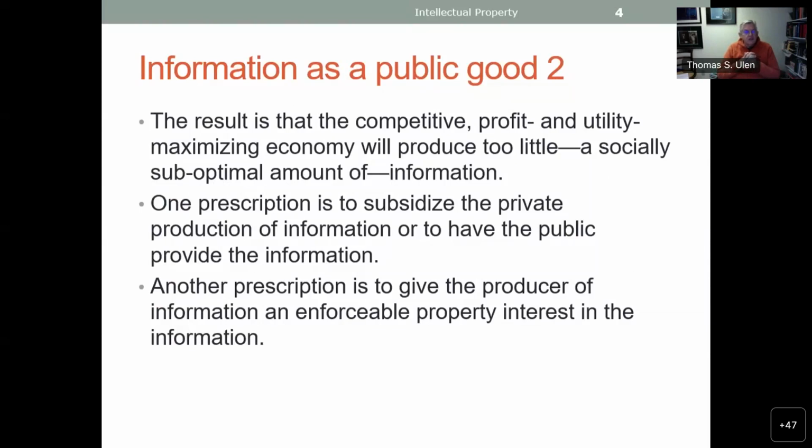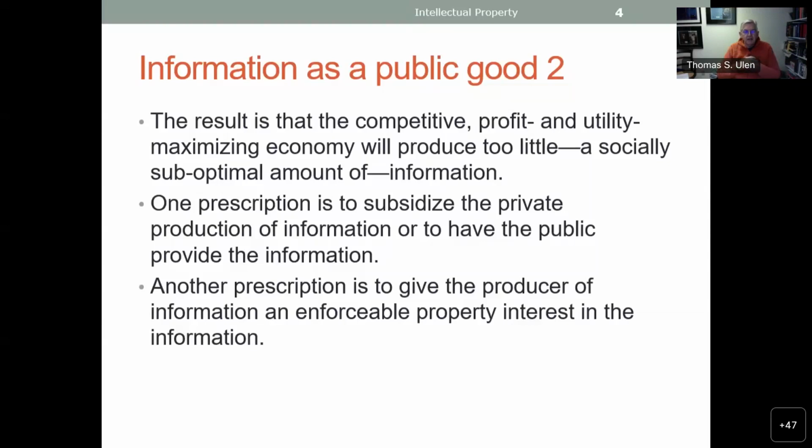We need to do something to guarantee that there is an optimal amount of information insofar as we can measure that sort of thing. We could subsidize the private production of information, or we could have the public provide all the valuable information. We do that with regard to basic scientific information.